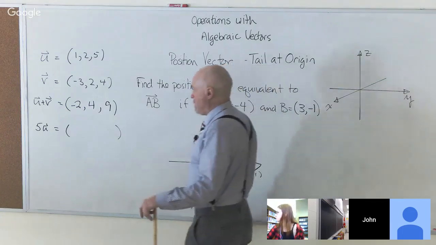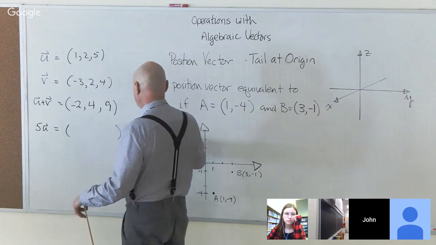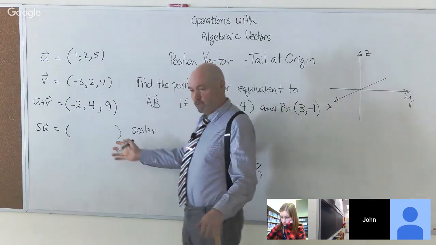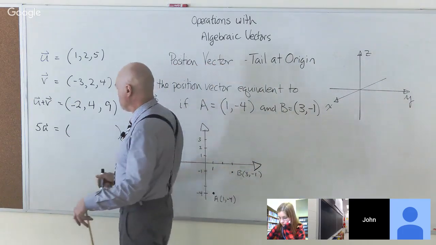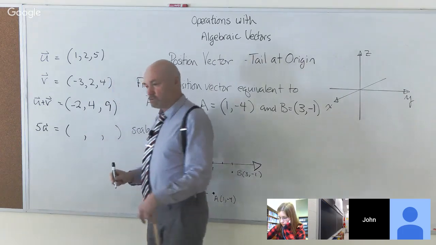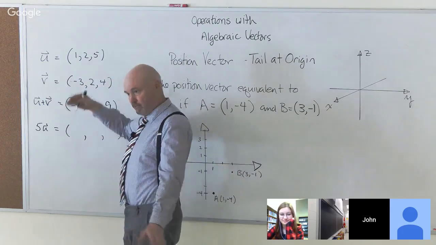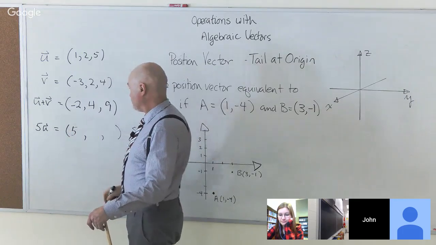Okay, this is multiplication by a scalar. Addition and subtraction are straightforward. We're going to multiply it by a scalar, in this case 5. So we're going to do 5 times u. And get ready, everybody. This is rough. So our new vector, it's extended out. It's 5 times as big. So the x component's 5 times as big.